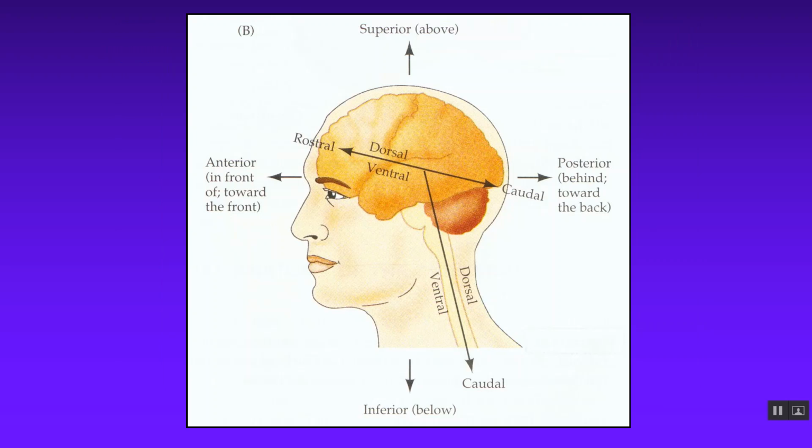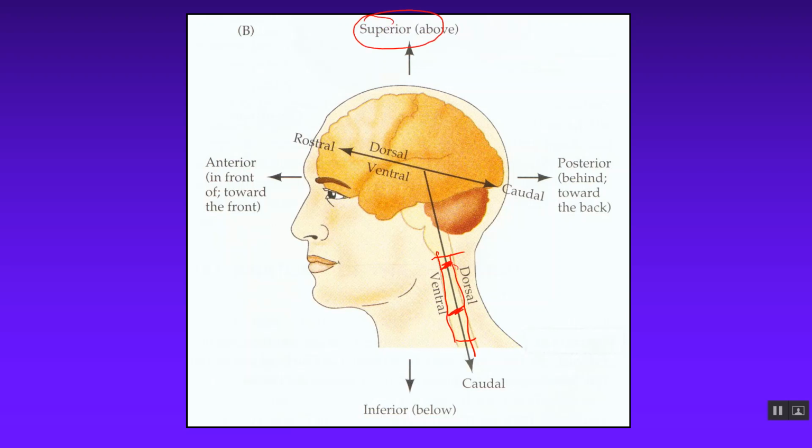So let's look at the spinal cord here. If I'm naming a structure or a certain level in the spinal cord and I say C7 is superior to T1, that makes sense.